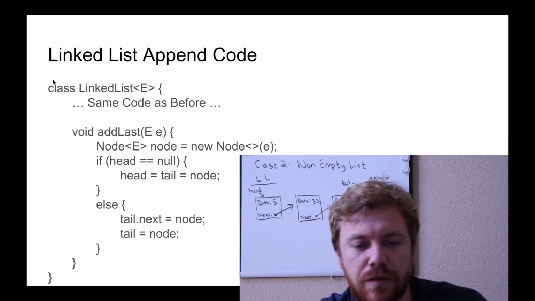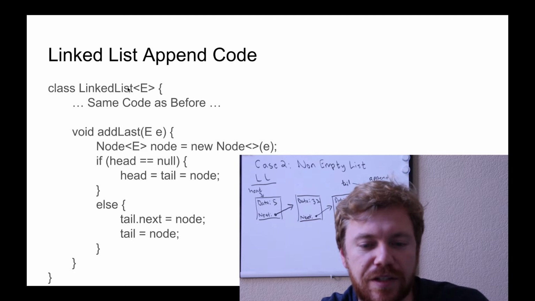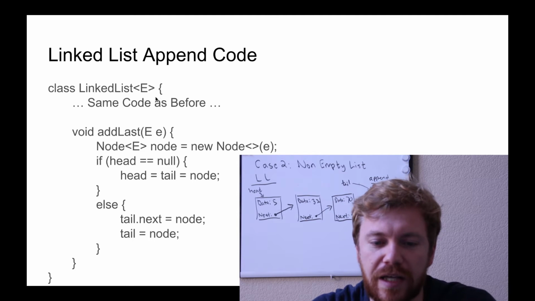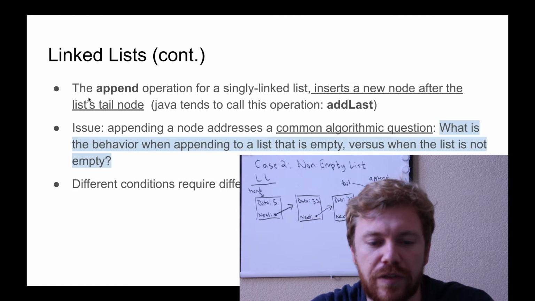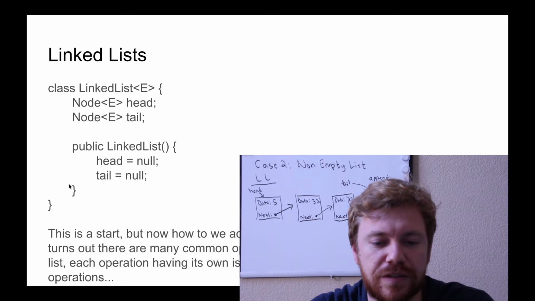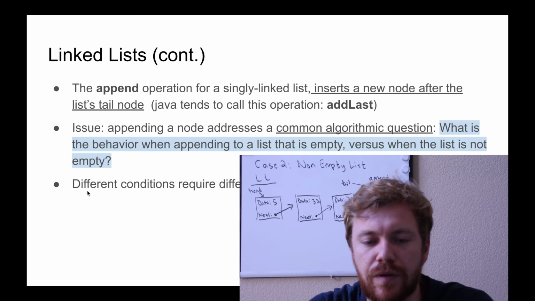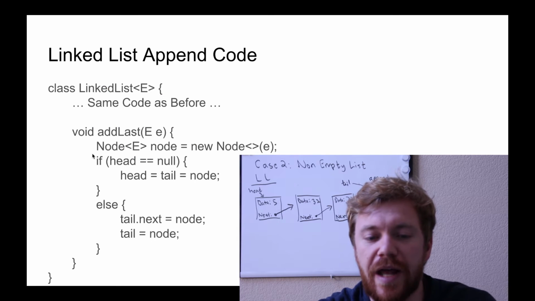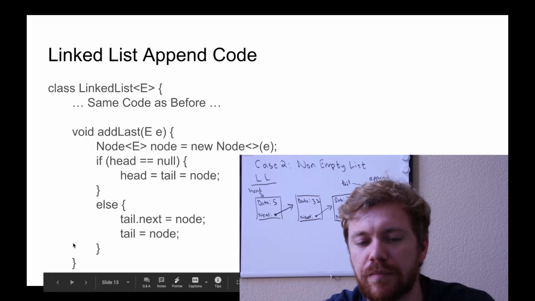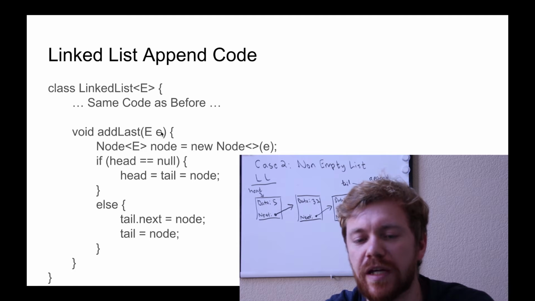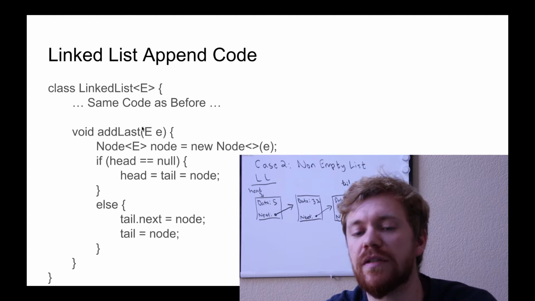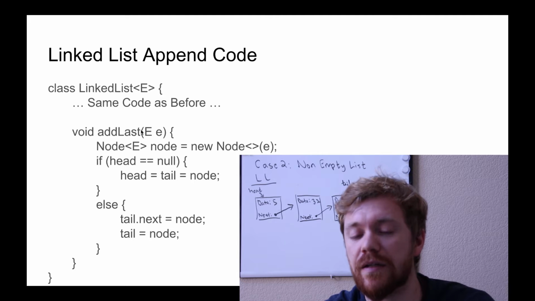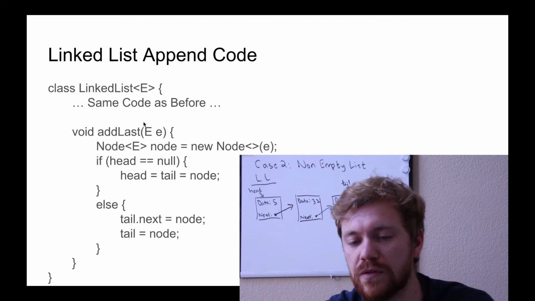As you can see here, my class LinkedList, this is the same code as before. So assume all of this still exists. But now we have this addLast method. You notice that the addLast method takes in some sort of type E. Note that E here is not a node, E is the type of data that the node holds.